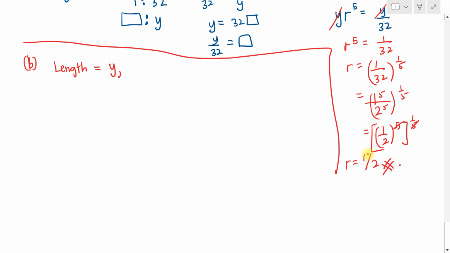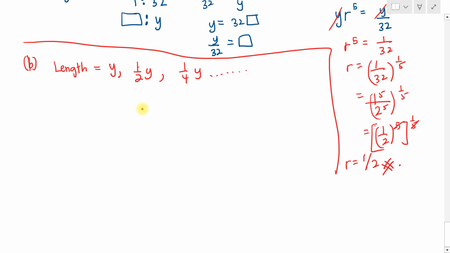So the second term is half of y, because half y divided by y, T2 divided by T1, gives you 1/2. So half y, and this one is 1/4 y, and so on.